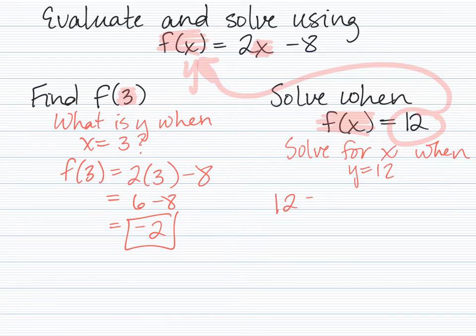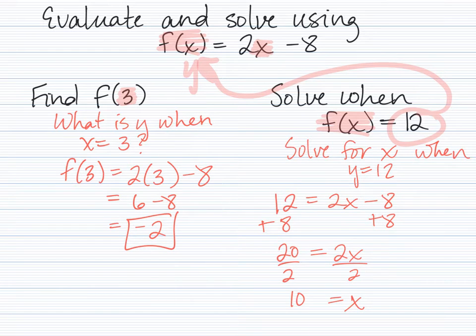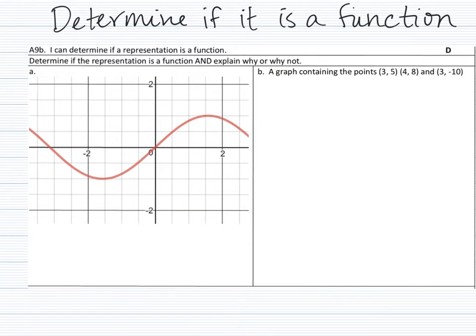So then it's going to be 12 equals 2x minus 8. Add 8 to both sides. So 20 equals 2x. Divide by 2. So I have x equals 10. So that's function notation and the 2 kinds of things you're going to need to do with function notation.